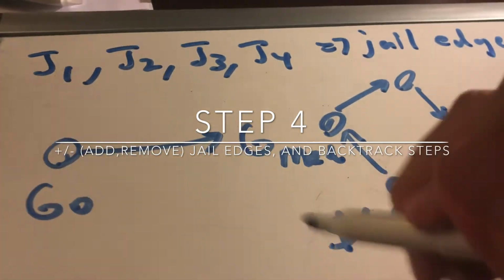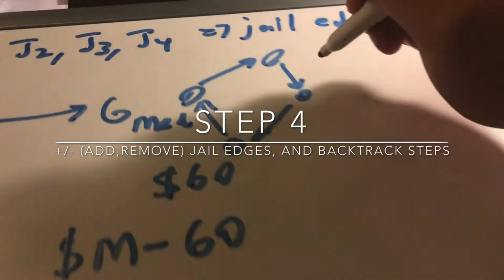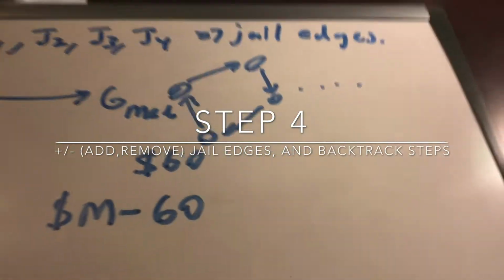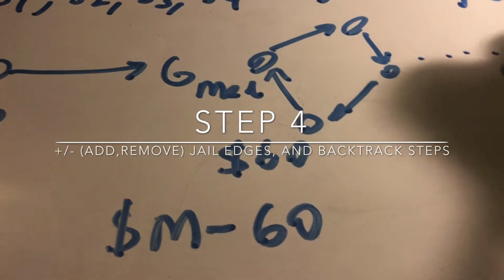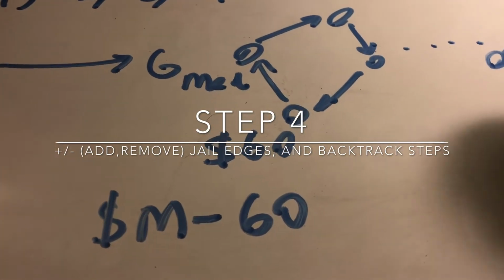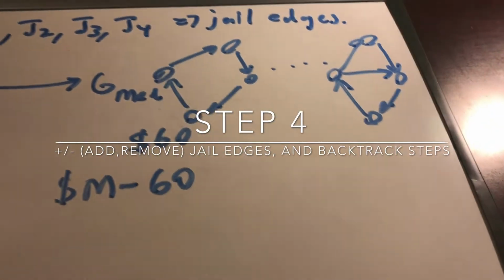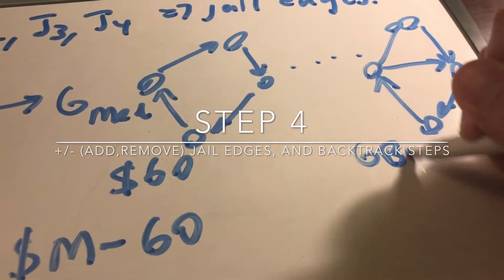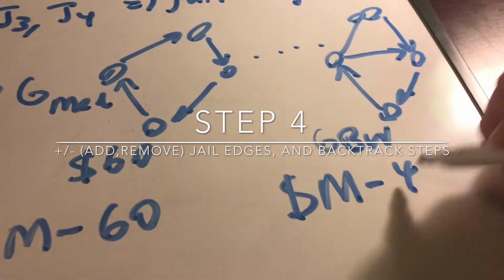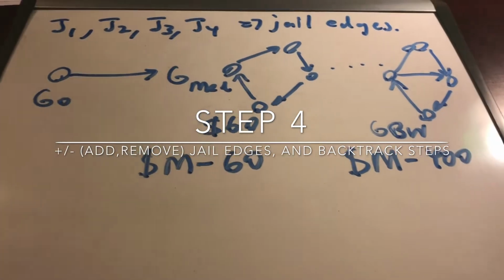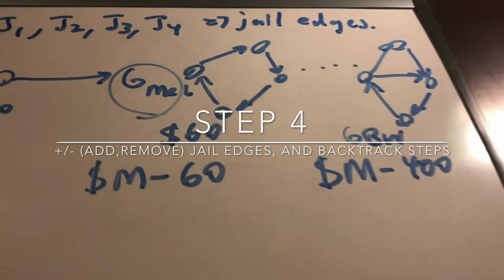So you have a total of M dollars minus 60 if you want to buy Mediterranean Avenue. If you want to be a bit showy and greedy, you can go to Boardwalk already, which is G of Boardwalk, G of BW, where each time you take the rent it is minus $400. So obviously you want to be more optimal and choose G of Med first.